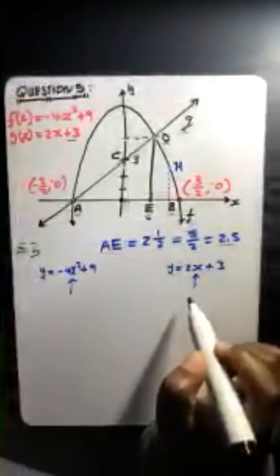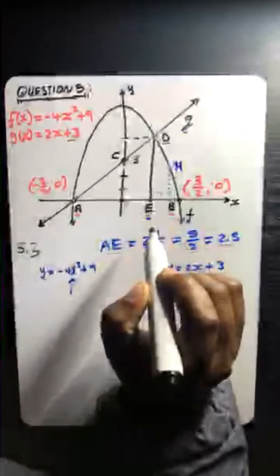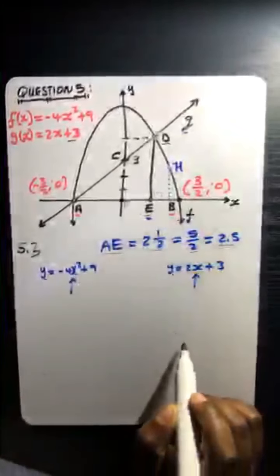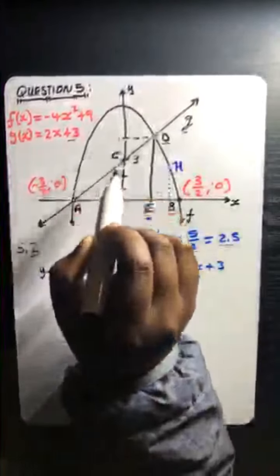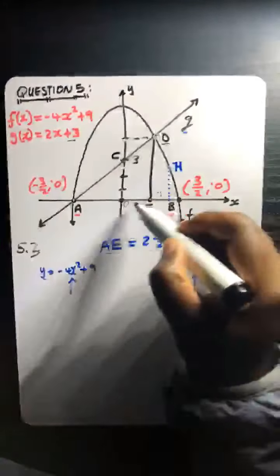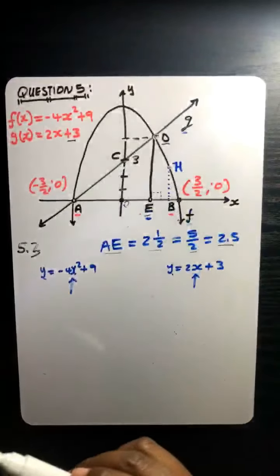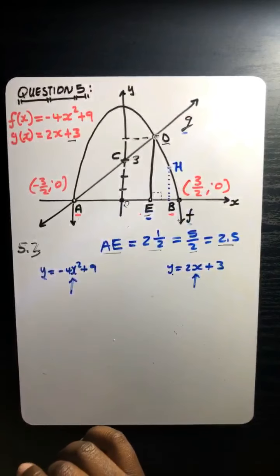But now we need to know the E value to substitute into any of these formulas to get the y value. And we know the y value is going to be that one there. So that will be the length from that line to there, which is the same as ED. Is there someone who wants to give it a try, guys? What are you guys thinking there?